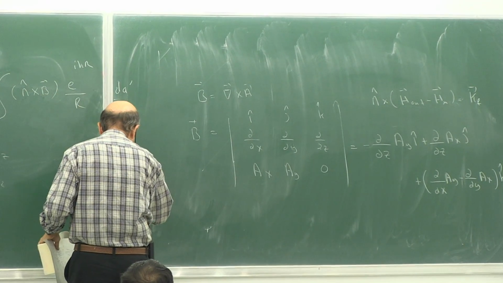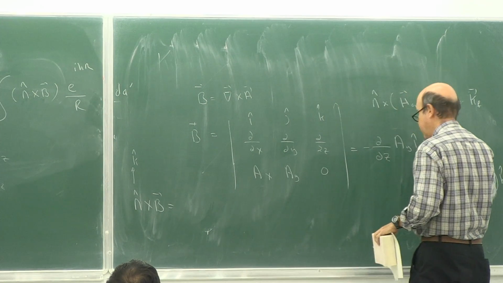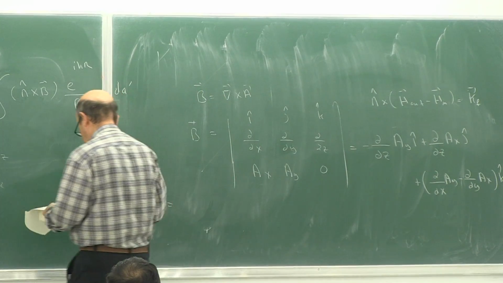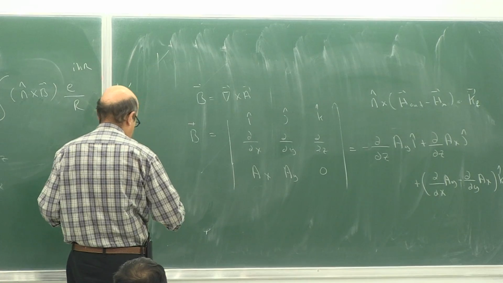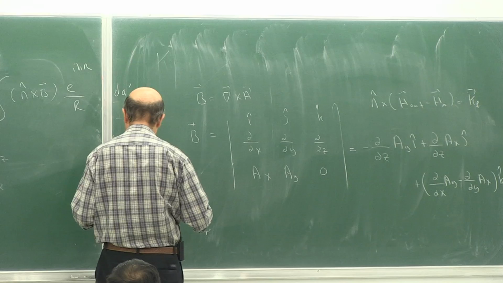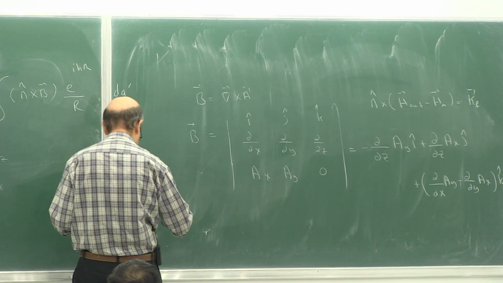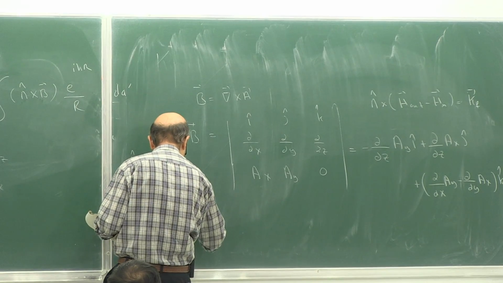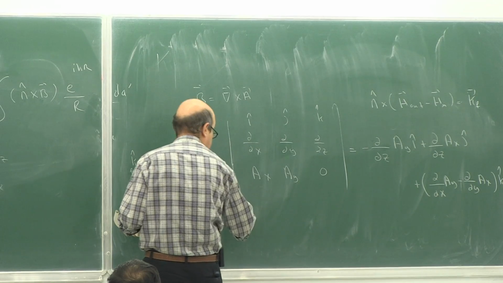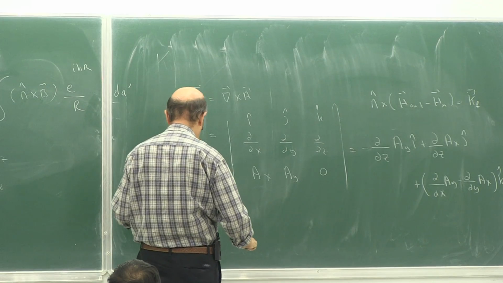So n is the k hat, z direction. So this term will be 0, and that will be k cross i. This should be the k cross j. So what are those things? What is k cross i? k cross i is j, and you will obtain basically minus del over del z Ey j.